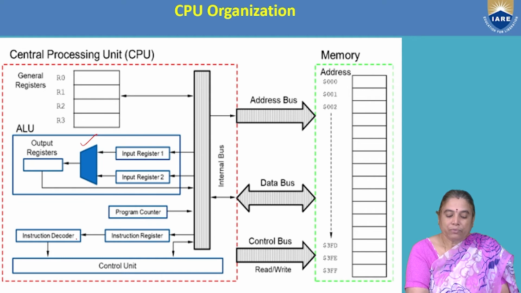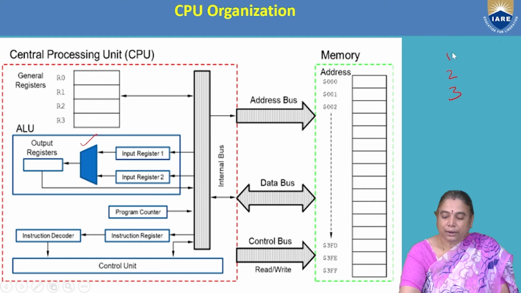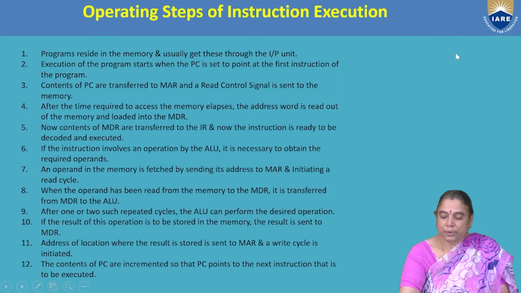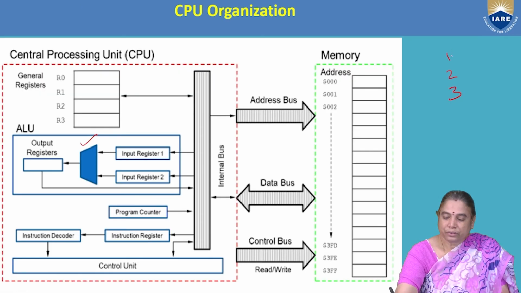The decoding phase is executed with the help of the instruction decoder, and the read-write control signals are generated by the control unit. For example, if we take a program of 3 lines, the current instruction being executed by the CPU is the first instruction.